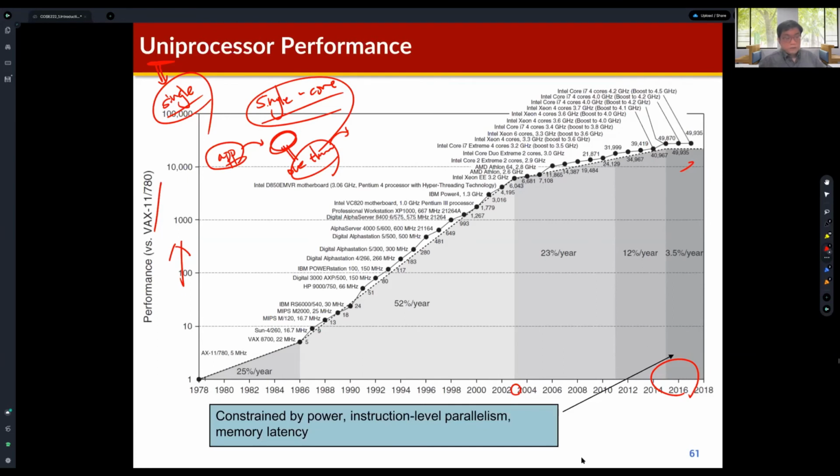And if we reduce the channel width of the MOS transistor, then we can increase the frequency.